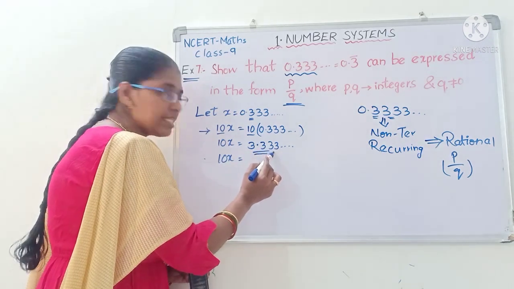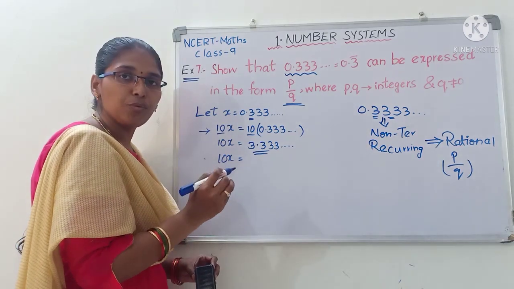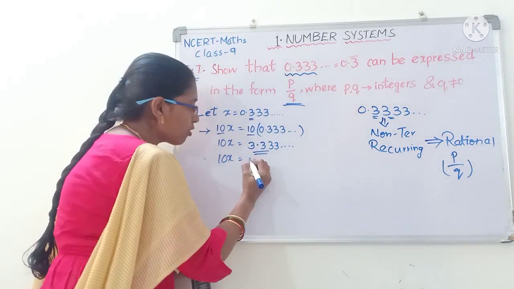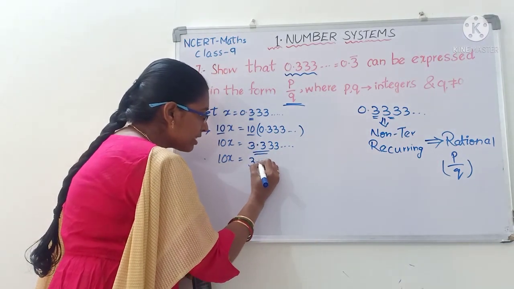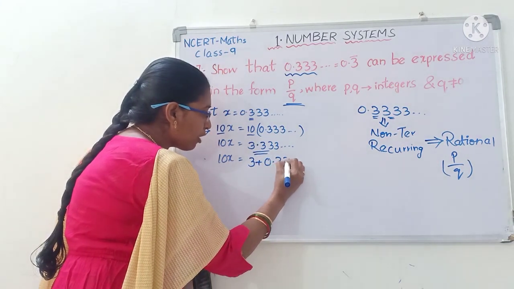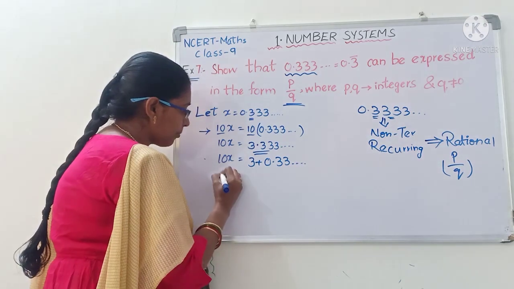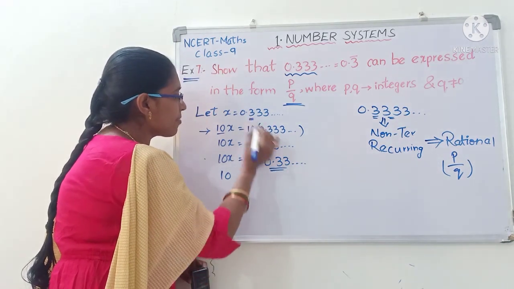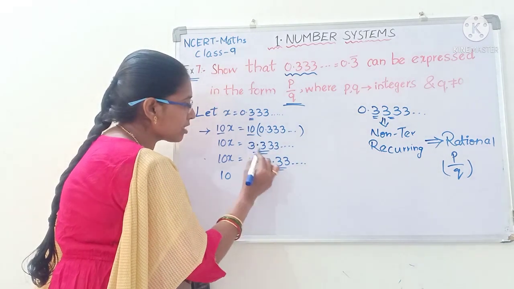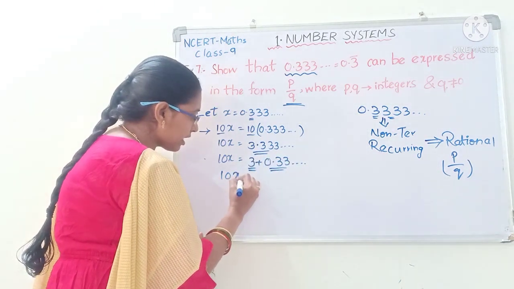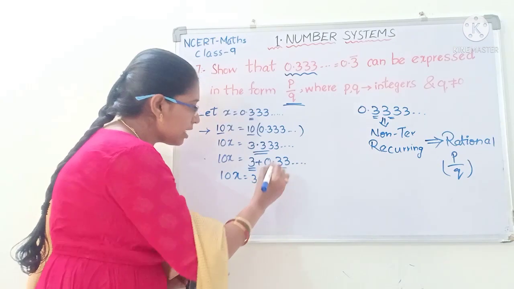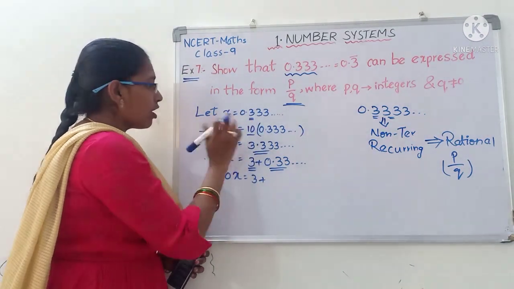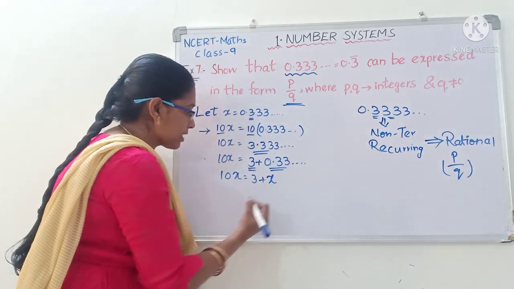Then split this number into a sum of two numbers, where one number should be 0.333. So you write 3.333 as 3 plus 0.333 and so on. One number is 3 and the other number is the same as this. 3 plus 0.333 is nothing but 3.333. So 10x is equal to 3 plus 0.333, and we assumed 0.333 as x, so we can replace this with x.